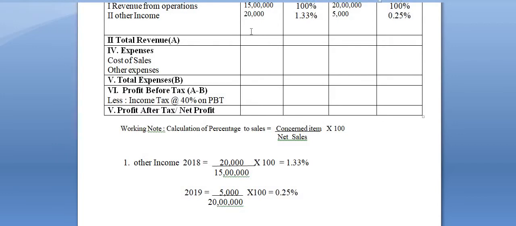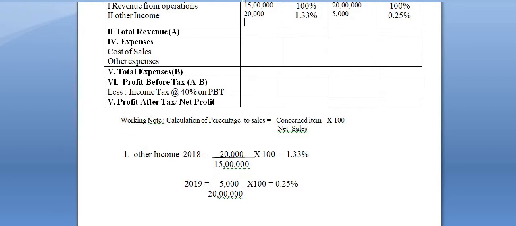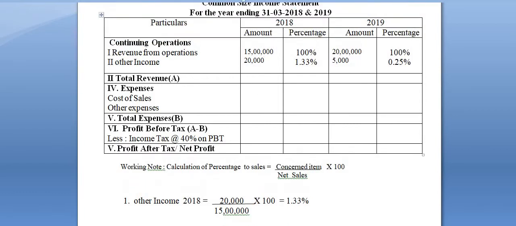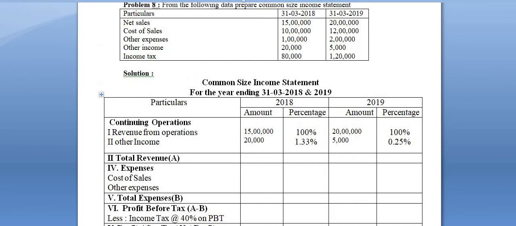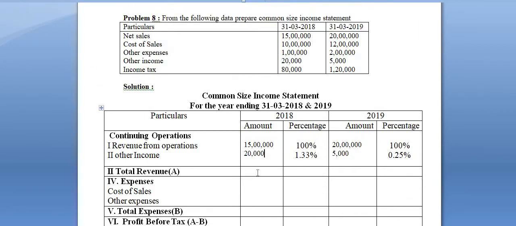Now with all the information we have taken, find out the total revenue. Total revenue is nothing but revenue from operations plus other income. Revenue from operations is 15 lakh plus other income 20,000.